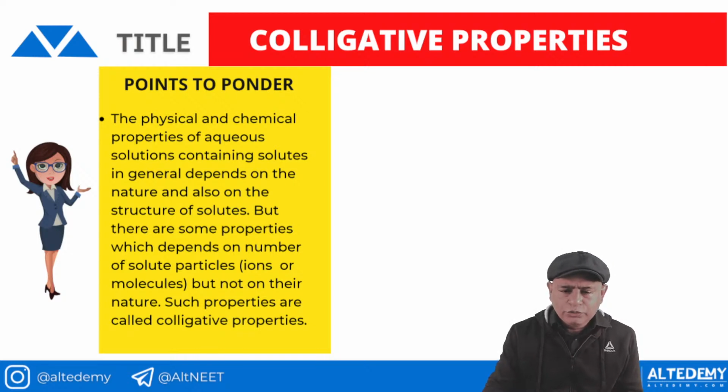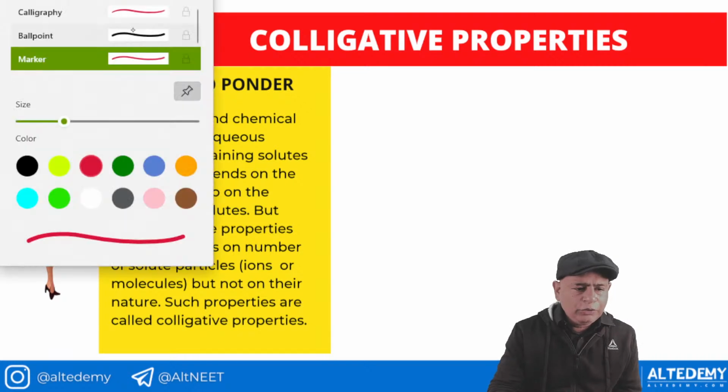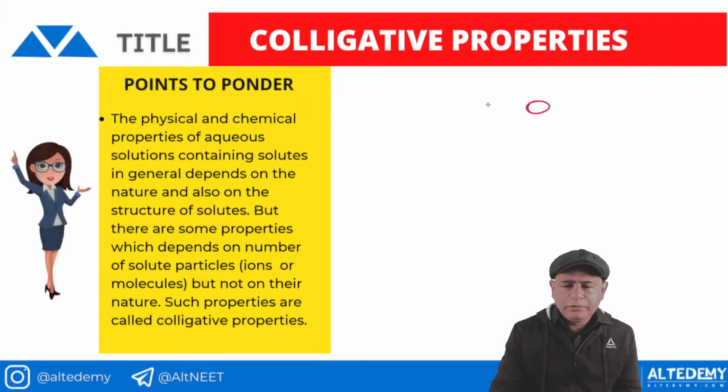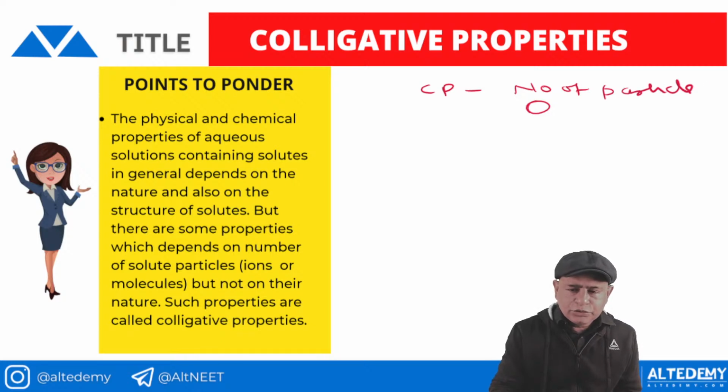At the outset, we should know that colligative properties are those properties which are dependent upon the number of particles. CP, we say. It is dependent upon the number of particles. Everything that we want to say, you will find written out here.